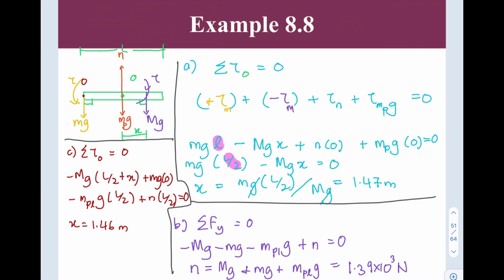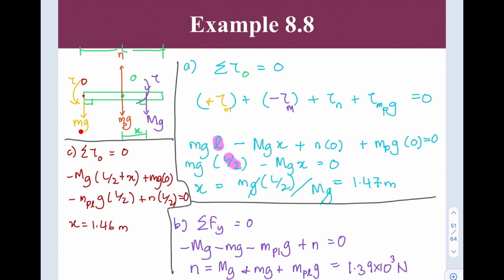Okay, for part C, we are going to calculate the torque. Now, our pivot is point O, which is at the left end of the plank. So we have torque due to the weight of the man, which is clockwise, negative, mass of the man times g, times the perpendicular distance, the whole of this from here to this, which is going to be L over 2 plus x.